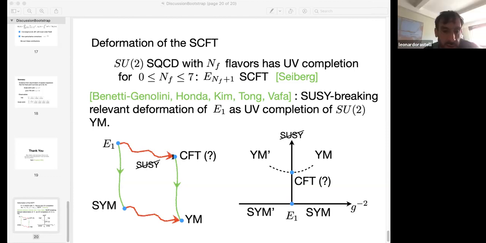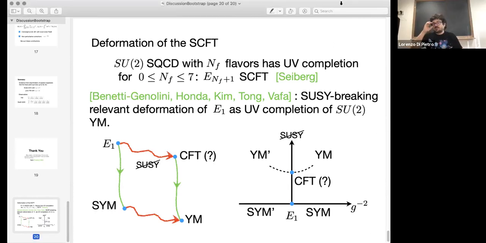And as another obvious comment, here you're just focusing on a neutral sector of the theory doing this epsilon expansion, but clearly, if we were to bootstrap the theory, the charged operator would perhaps be the first place you would like to look at, right? So having some estimate for the dimension of the lightest charged operator would be very useful. But sorry, how does adding just the information that there is a U(1) symmetry narrow the problem?